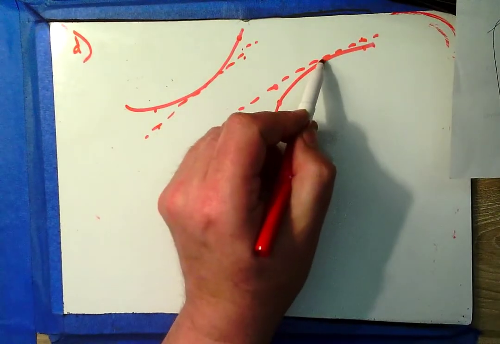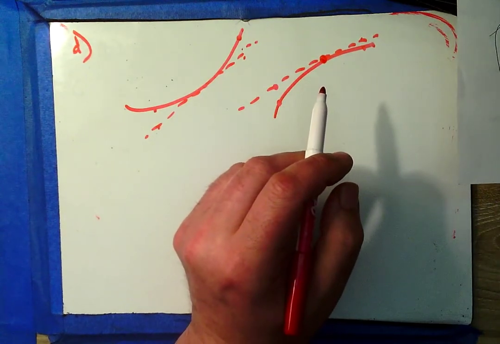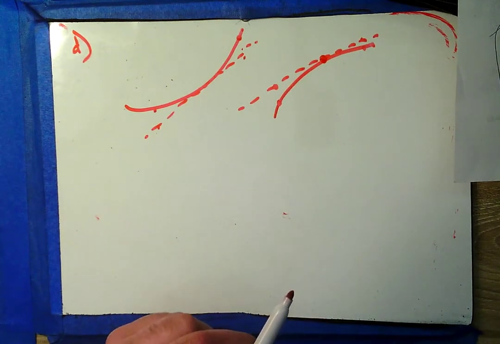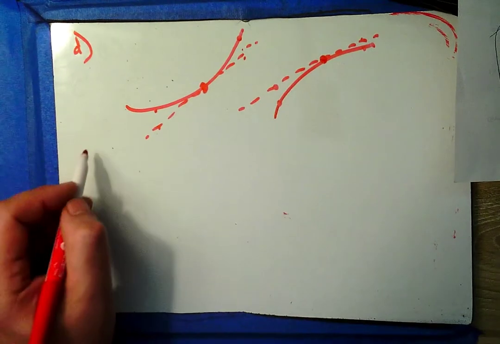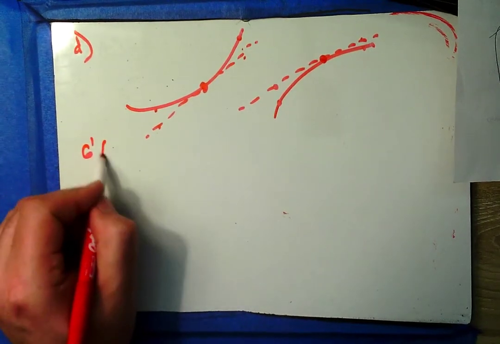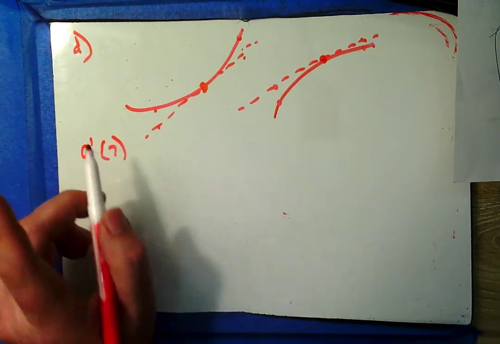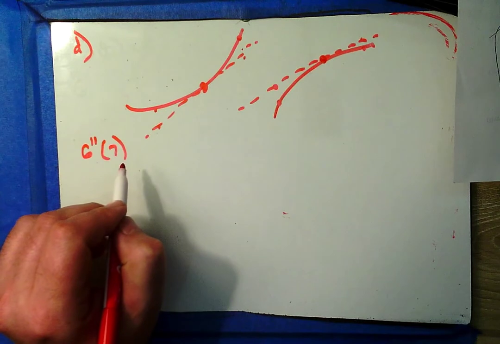So what we need to do is to find out if this function is concave up or concave down at t equals the point of tangency, which was 7. So I'm looking for g prime of 7. No, not g prime. I want to know g double prime of 7.